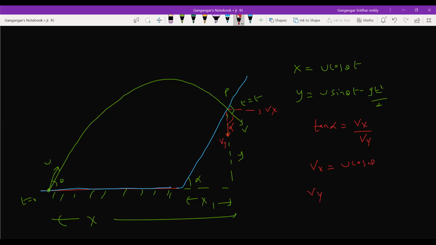If I put a condition, stone strikes normally at point P on an incline, once it strikes normally I get a relation between vx and vy, and we know the horizontal component of velocity should be constant.